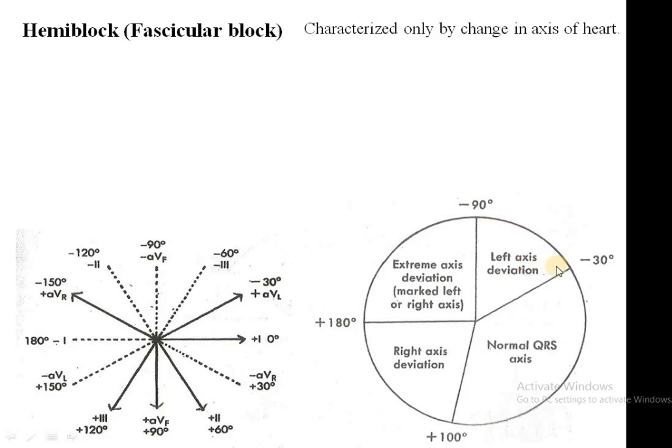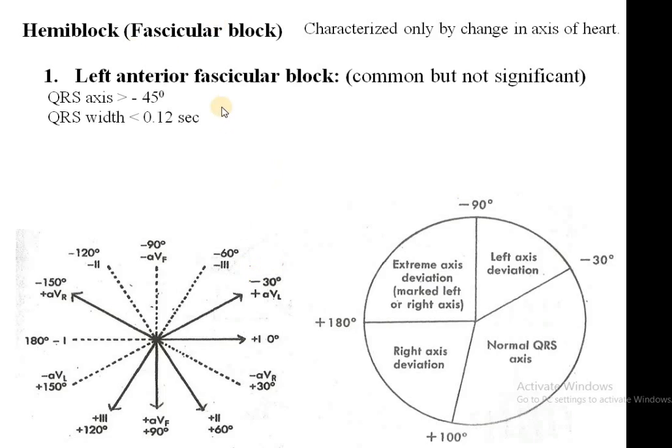If you see an ECG pattern showing beyond -30 degrees or beyond +100 degrees, that is left or right axis deviation, without any other abnormal signs of any disease in the ECG, consider fascicular block.